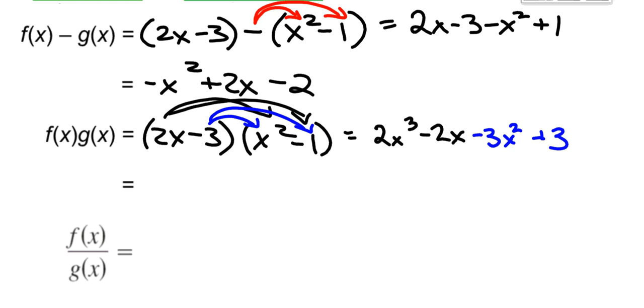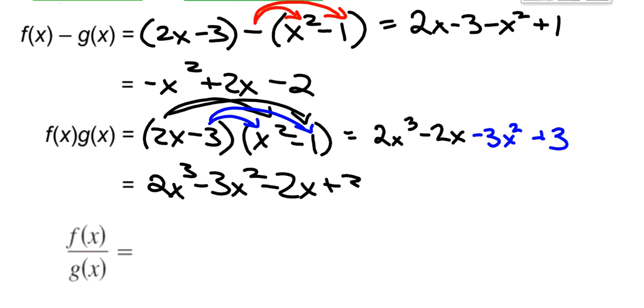And by all means, let me know if I make a mistake there. And then the only reason I'm writing it twice is because I want to write it in that descending order. Because you'll notice in this case, because it's x squared, a number, or excuse me, an x, a number, an x squared, and a number, there are 4 different terms that are not common terms. And so 2x to the third minus 3x squared minus 2x plus 3 will be the answer to that one.